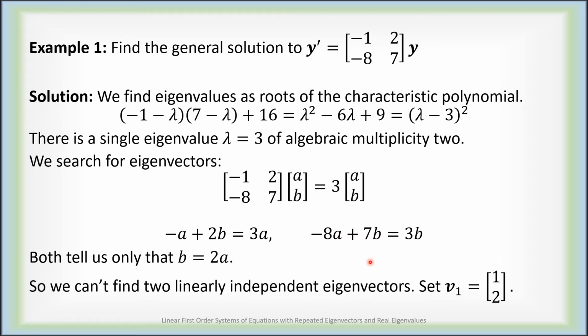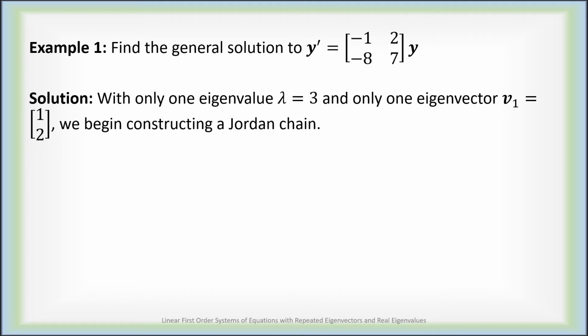So the only possible eigenvectors are scalar multiples of a equals 1, b equals 2. So there was only one eigenvalue, 3. We were only able to find a single linearly independent eigenvector, (1, 2). So we say, that's too bad, now we've got to construct a backwards generated Jordan chain ending in the eigenvector (1, 2) that we found.